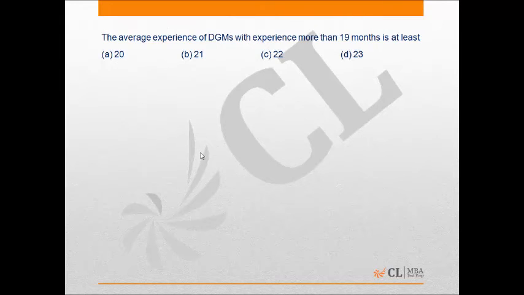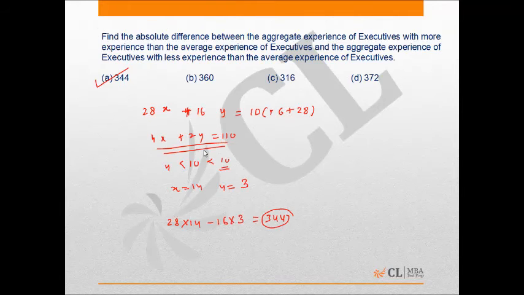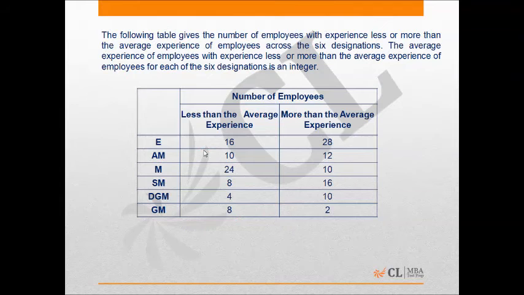In this question, it is asking the average experience of DGMs with experience more than 19 months is at least. We have to find the minimum number of DGMs whose experience is more than the average experience, that is 19 years of DGM. Proceed in a similar manner as we did in the previous question.